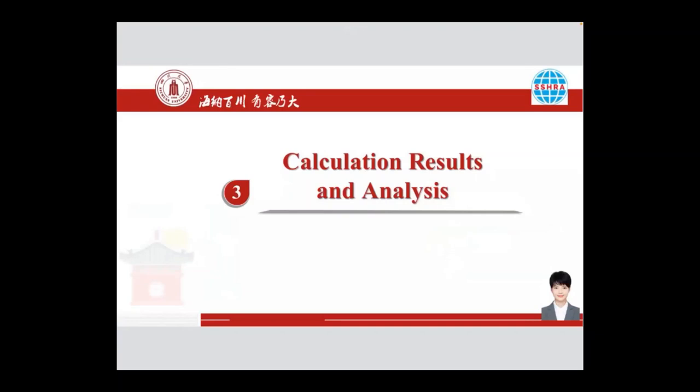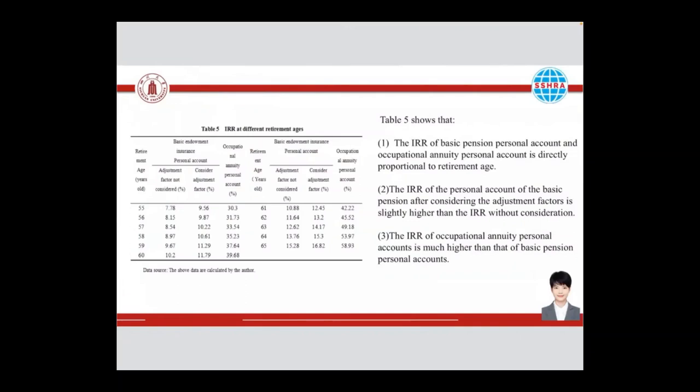By introducing the above parameter settings into the formulas, we can obtain the IRR of the basic pension personal accounts and the occupational annuity personal accounts of employees in government and institutions aged from 55 to 65, as shown in Table 5. We can see from Table 5: First, the IRR of basic patient personal account and occupational annuity personal account is directly proportional to retirement age and increases with the increase of retirement age.